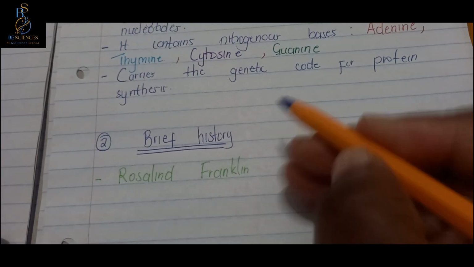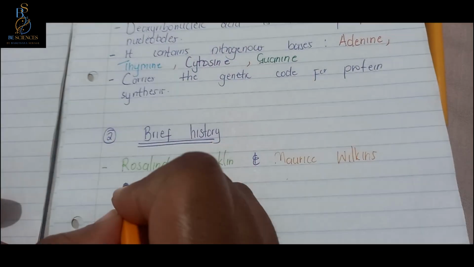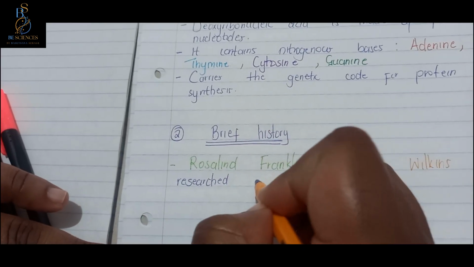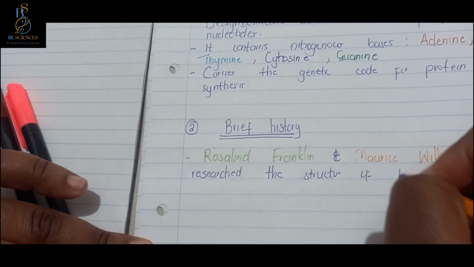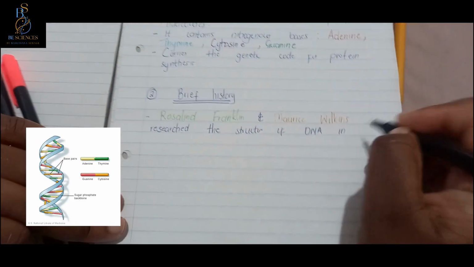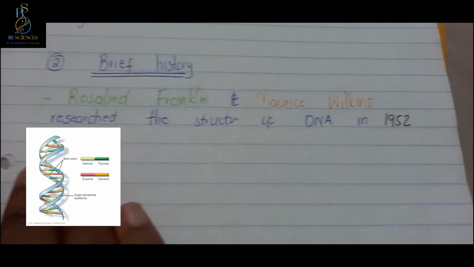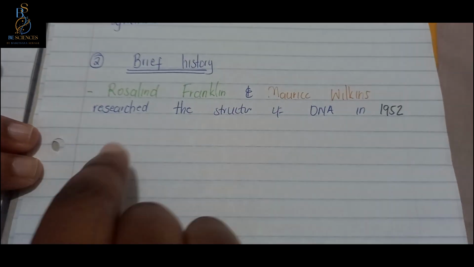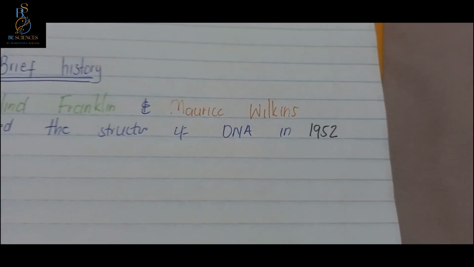Okay, so Rosalind Franklin and Maurice Wilkins worked together when they were researching. They researched the structure of DNA in 1952. Okay, so with DNA, I need to know that Rosalind Franklin and Maurice Wilkins were the first guys who researched the structure of DNA, and that was in 1952.